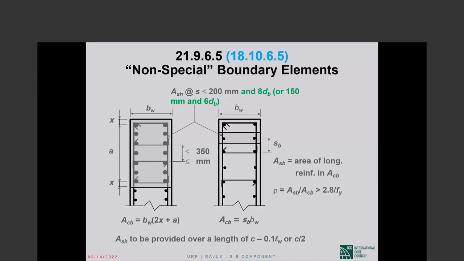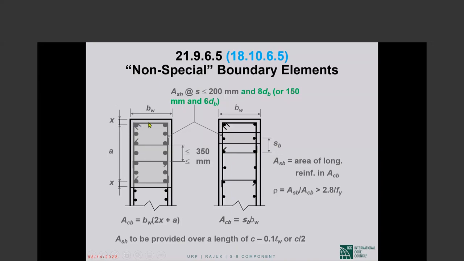That we sometimes do for rectangular walls that are low rise. Then the local reinforcement ratio is simply the area of 2 bars divided by the spacing. Okay, as simple as that.